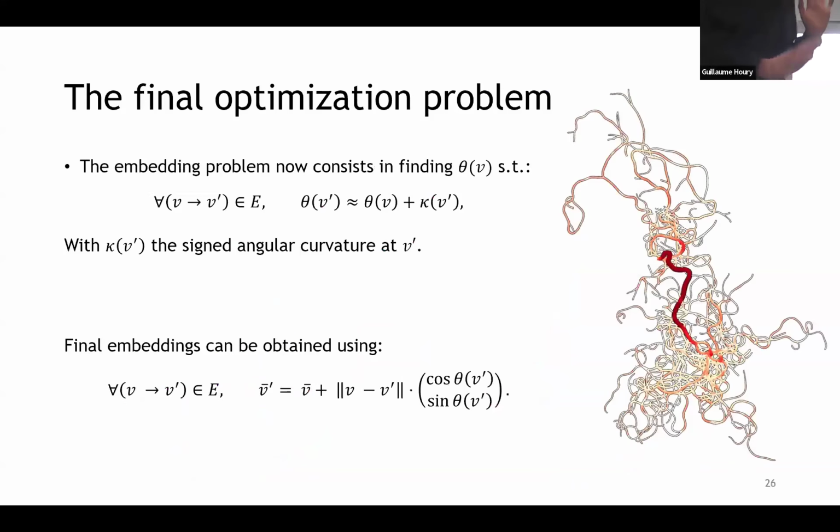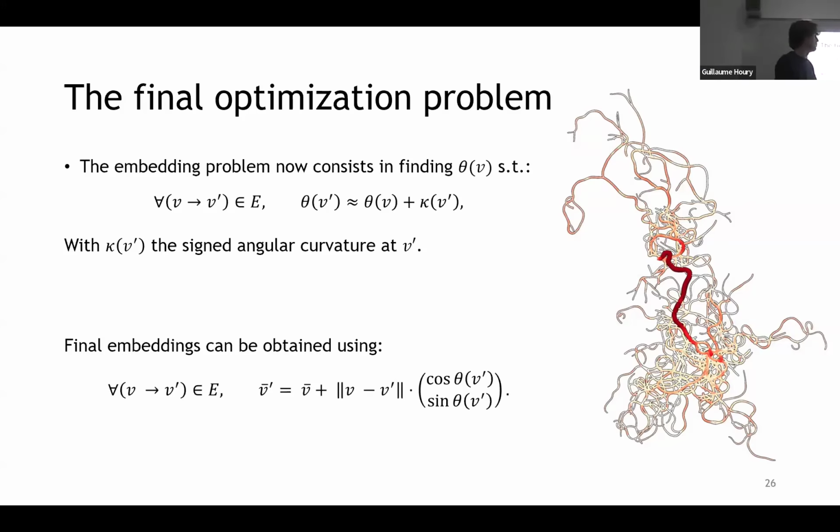So all these details are fairly technical, but what really matters at the end of the day is that by defining this notion of relative angular curvature, our geometric preserving constraints just write as follows, where this kappa is defined as earlier, and so the final embedding position of each node can be obtained through this simple formula.